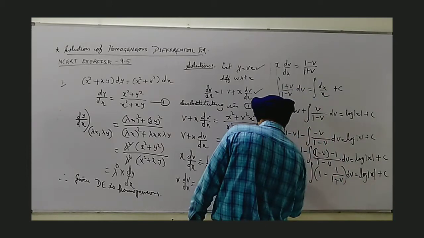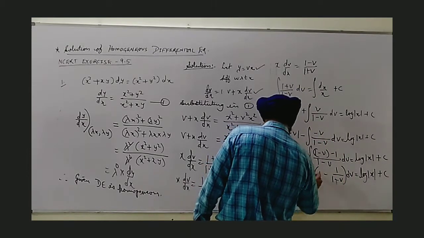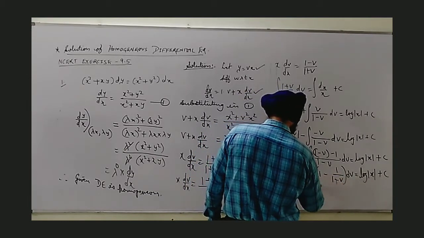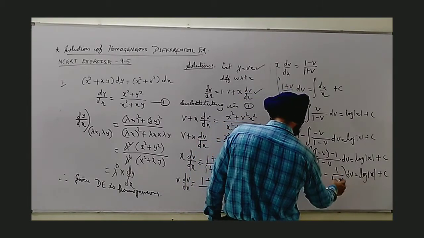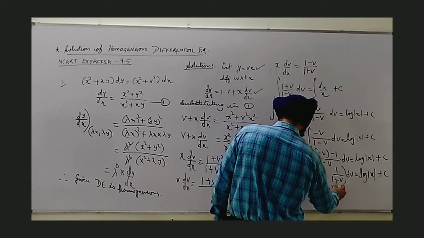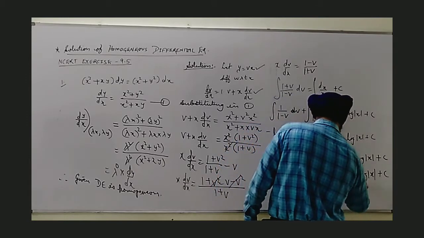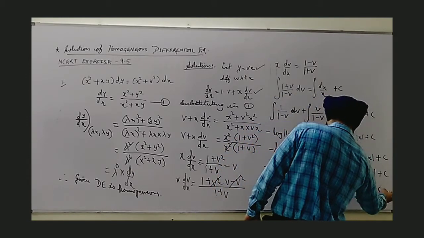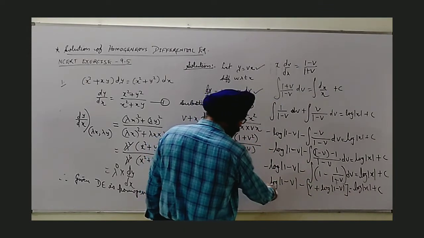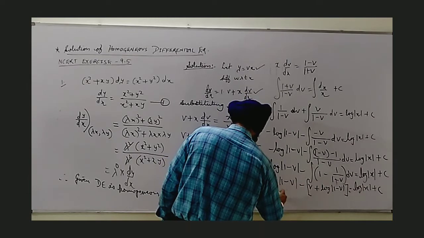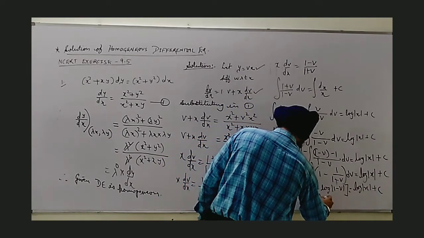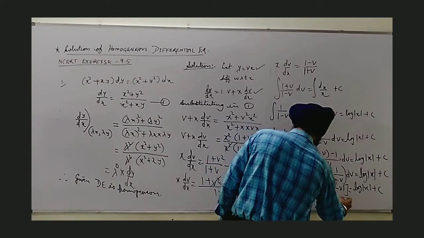So finally minus log 1 minus v minus v. Here we get minus of log 1 minus v, which becomes plus this way. And by opening, we get this again negative will be added with the same. Like terms are these. So minus twice log 1 minus v minus v equal to log mod x plus c.